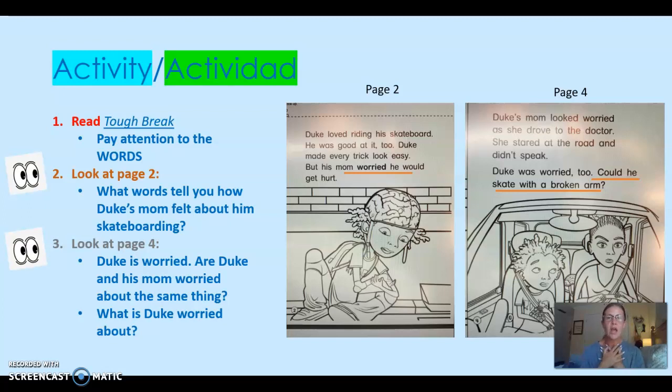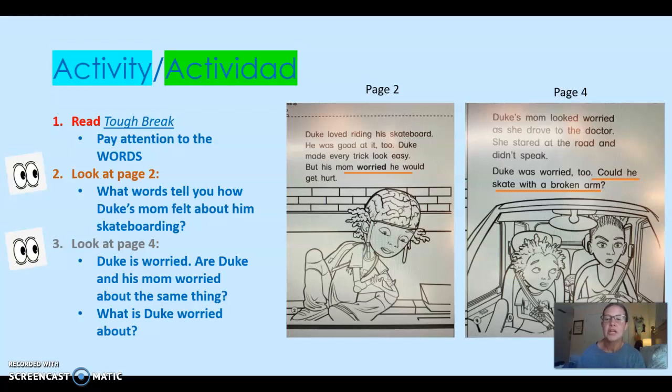And that's a feeling. Worry is something that we feel when we're anxious or scared that something might happen. So his mom was worried, or she was scared, that Duke would get hurt on his skateboard. So that's a feeling word. We read the words and we figured out how Duke's mom felt about him skateboarding. She felt worried because she didn't want him to get hurt.